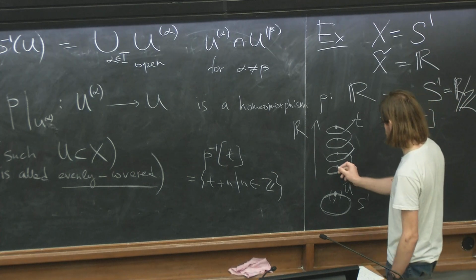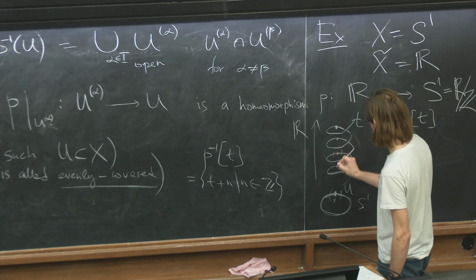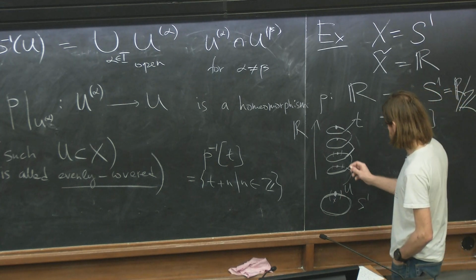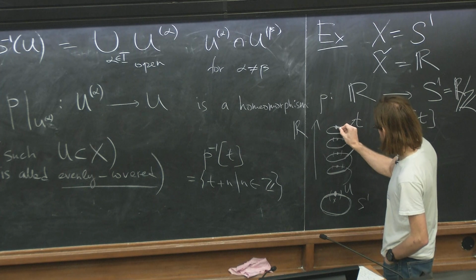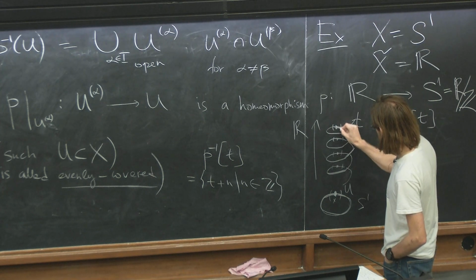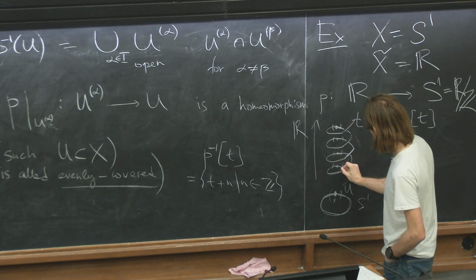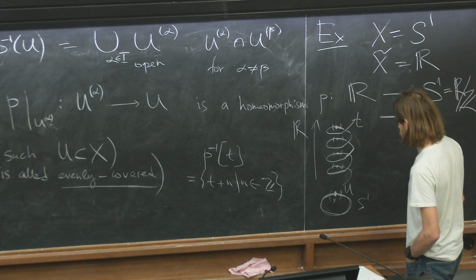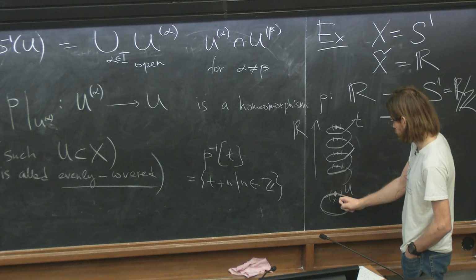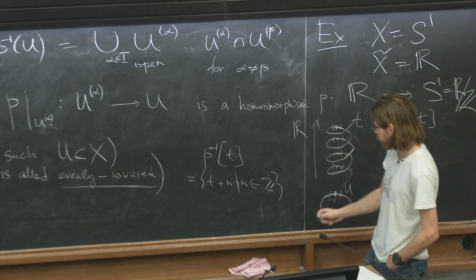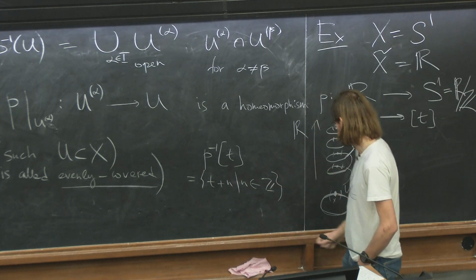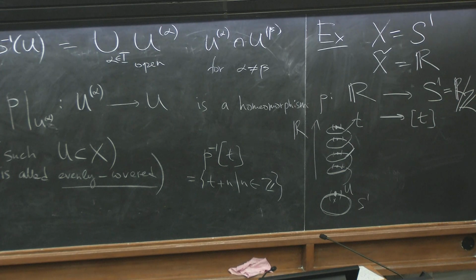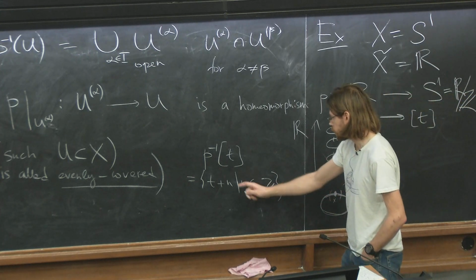can see that the lift will be a disjoint union of intervals in our plane, right? Because if you consider some small neighborhood of X, its preimage will be a union of small neighborhoods here.